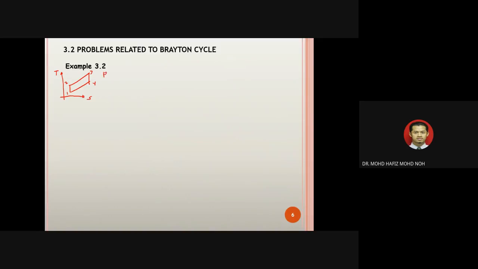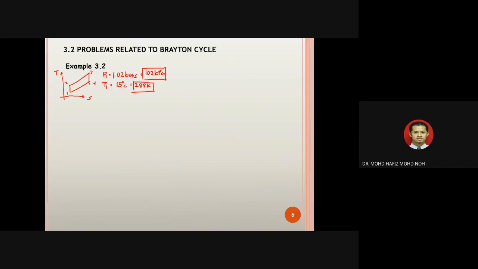P1 is given, 1.02 bars, which you have to convert into kilopascal, which is 102 kilopascal, because 1 bar is equal to 100 kilopascal. And T1 is given as 50 degrees Celsius, which is 288 Kelvin.